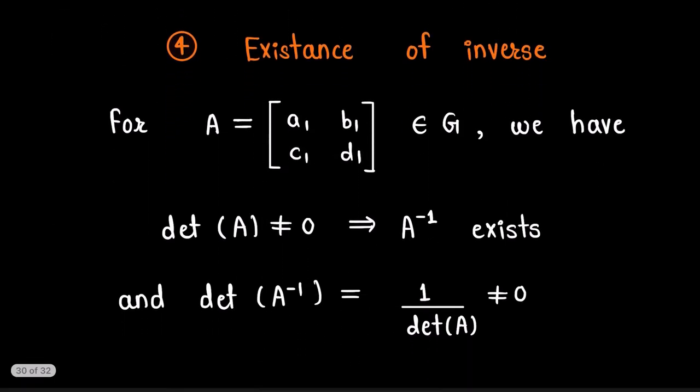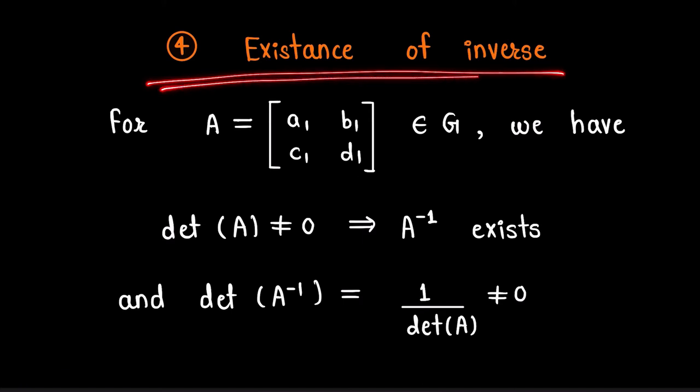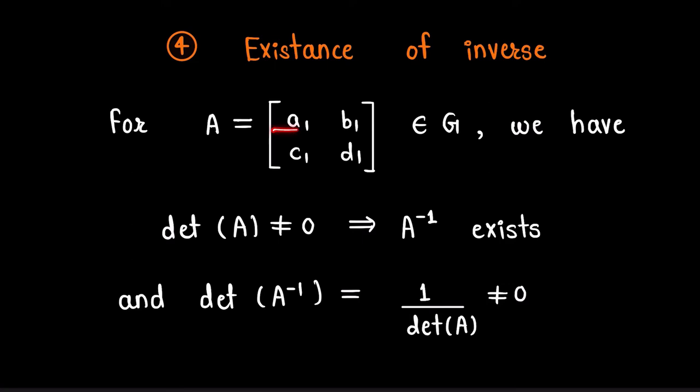Now the next property is existence of inverse. For any given matrix A = [[a1, b1], [c1, d1]] in set G, we have determinant of A is not equal to 0. Now we know that any matrix A will have an inverse if and only if its determinant is non-zero.